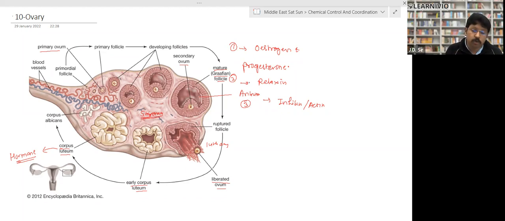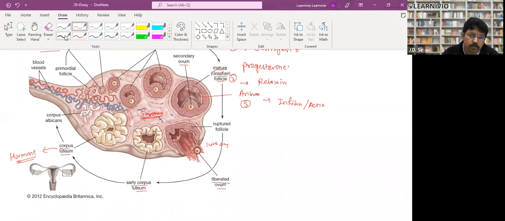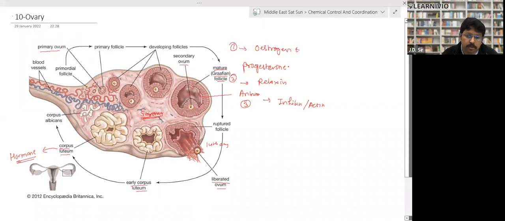Till now, start noting. Estrogen is released from the Graafian follicle.